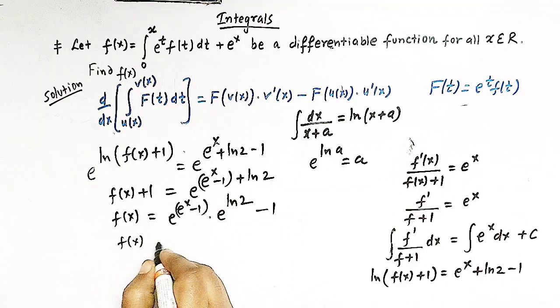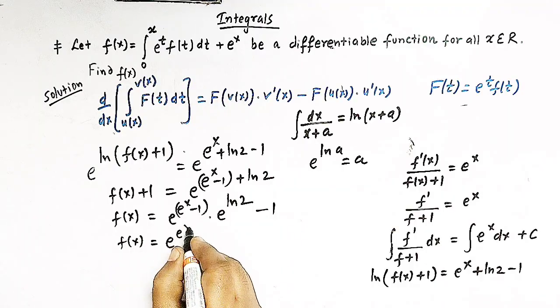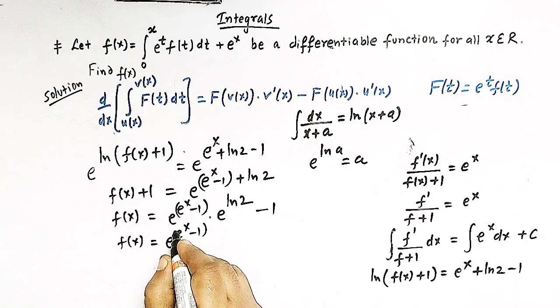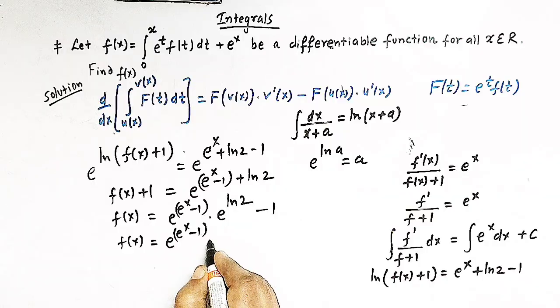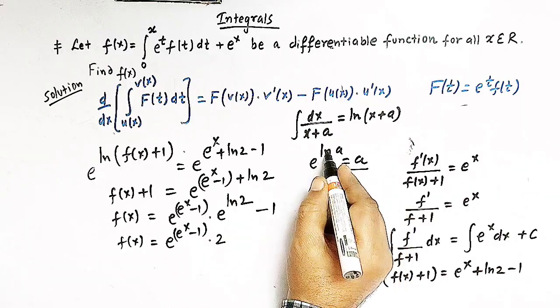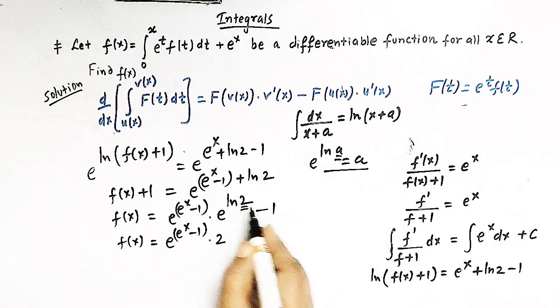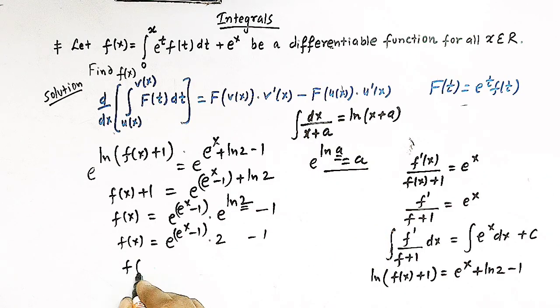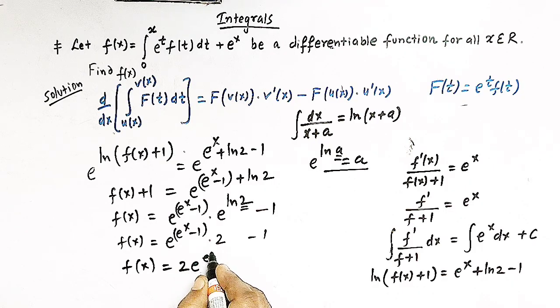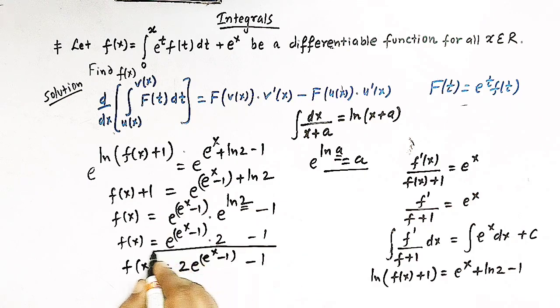So we have f of x, and e raised to x minus 1, and here e raised to natural log of 2 can be written as simply 2 using this result. So here the value of a is 2, right? And here we have minus 1, so we can now write f of x is equal to 2 times, taking this 2 in front of this expression, 2 times e raised to x minus 1, and here we have minus 1, right?